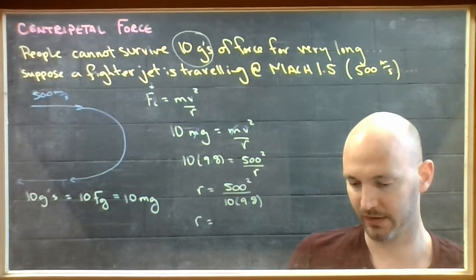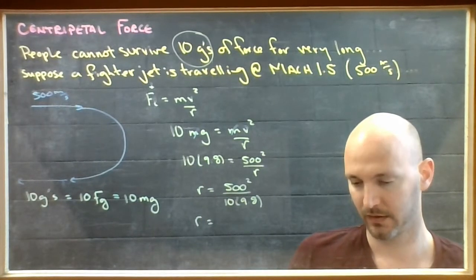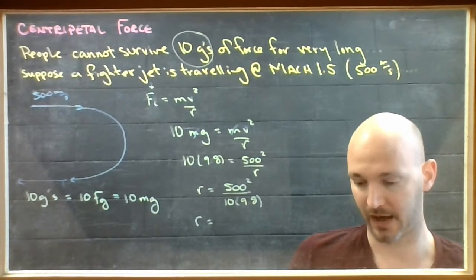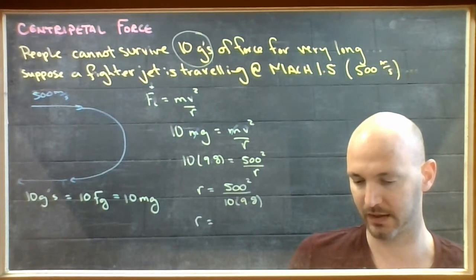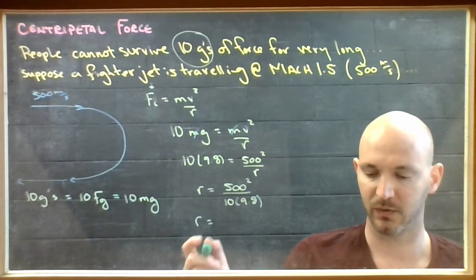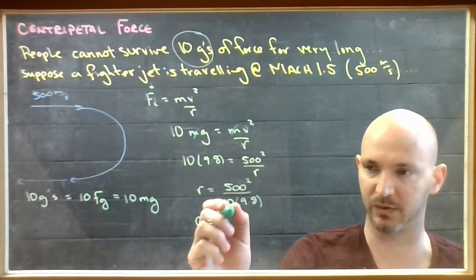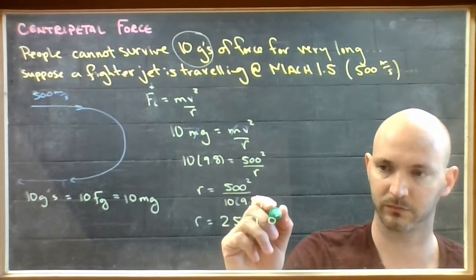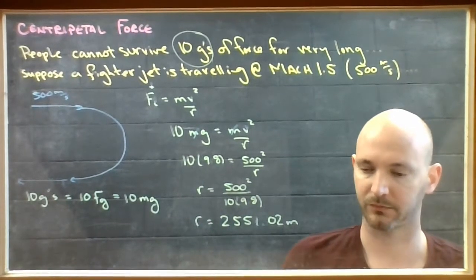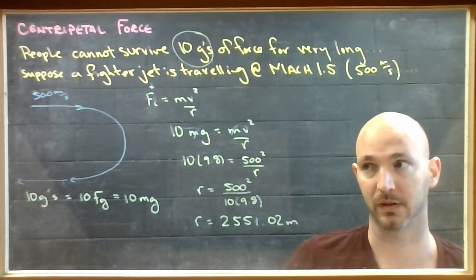So 500 squared is 250,000, divided by 10, divided by 9.8 gives me 2,551.02 meters.